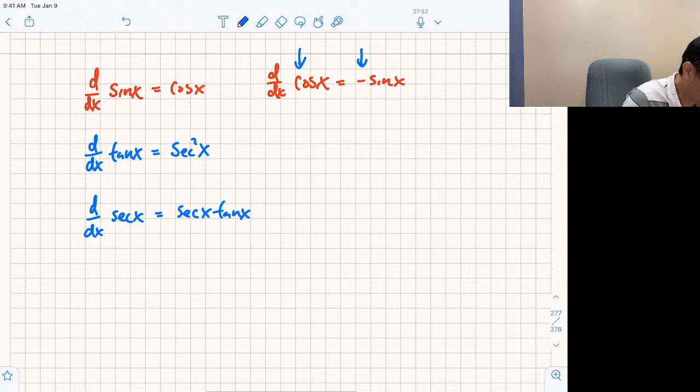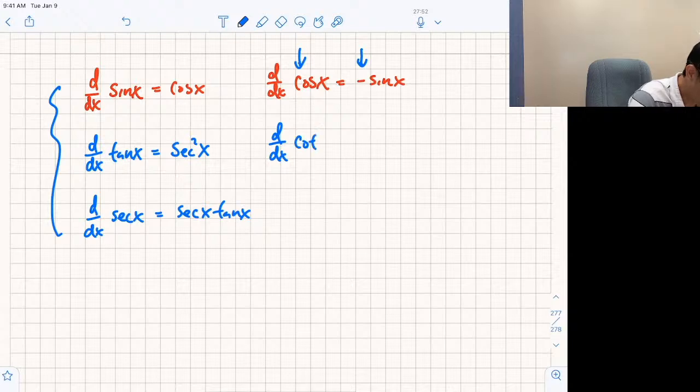Okay, and then also by looking at pattern recognition, usually I memorize those three, and the other side I just memorize the pattern.